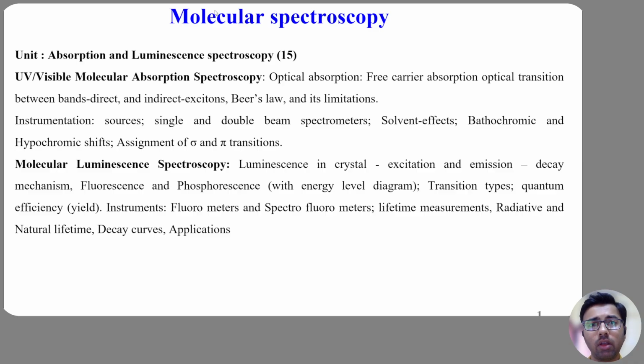A major focus will be lifetime measurements. By analyzing decay curves, we determine radiative and non-radiative lifetimes. These techniques are widely used in material science, optical devices and biological imaging.